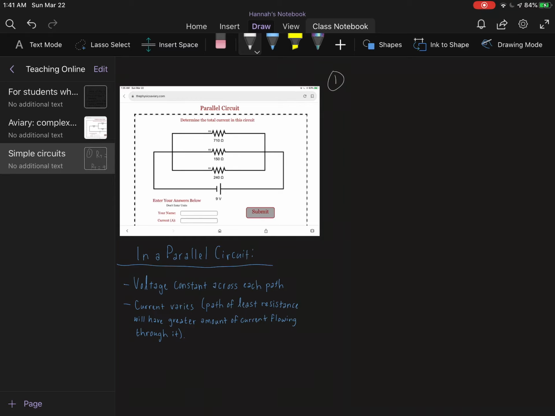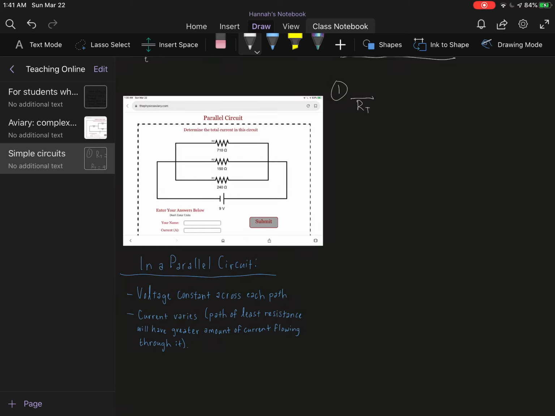Whenever we're solving any of these problems, we always start by solving for our total resistance. But whenever we solve for parallel circuits, we do it a little bit differently. We have to take the reciprocal of each of our resistances and then add them together.